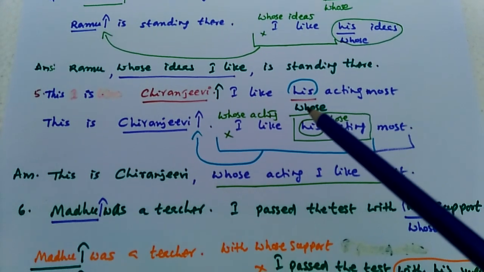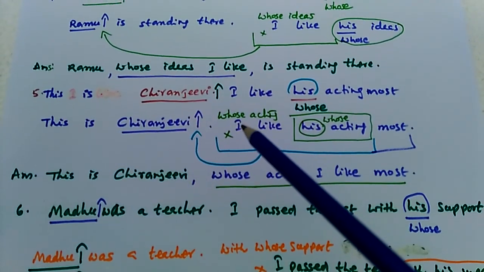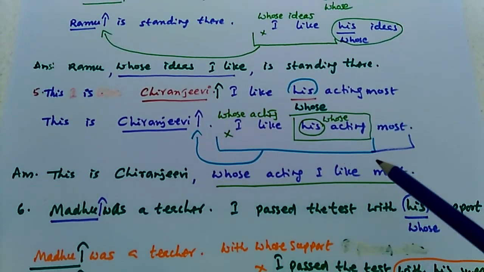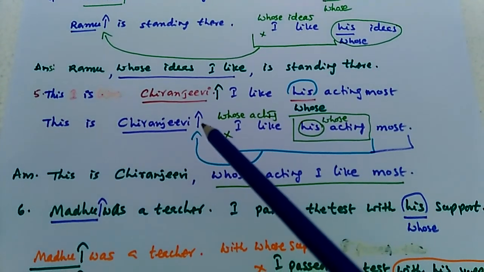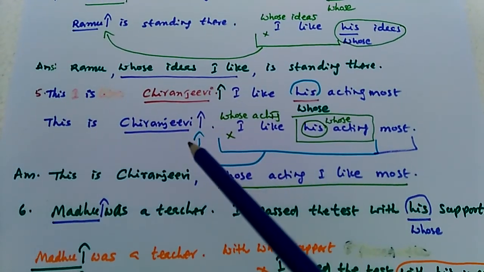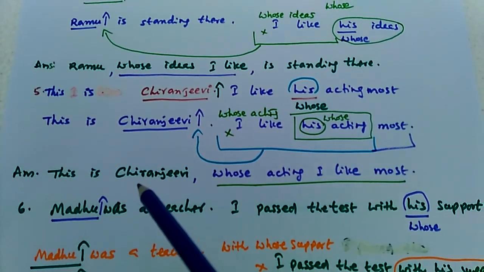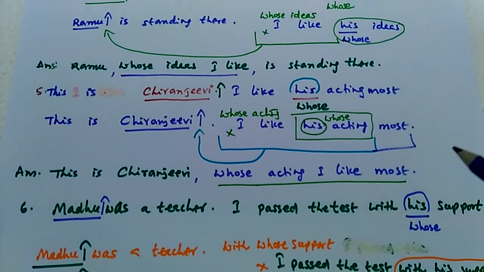And after that, whose plus noun is to be brought to the front of the sentence. So whose acting will come here, and then the entire sentence is to be kept at the place where arrow mark is there. And by doing so we get the answer: this is Chiranjeevi, whose acting I like most.